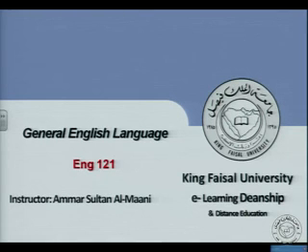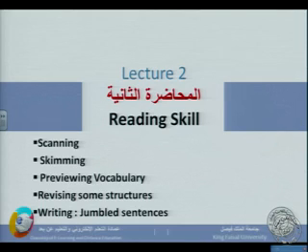For today, actually, we are going to cover some reading skills like scanning, skimming, previewing vocabulary, and we will revise some of the grammars and structures that we have taken in the first class. And hopefully that you are doing your homeworks. And then we have writing, we will have something about jumbled sentences.